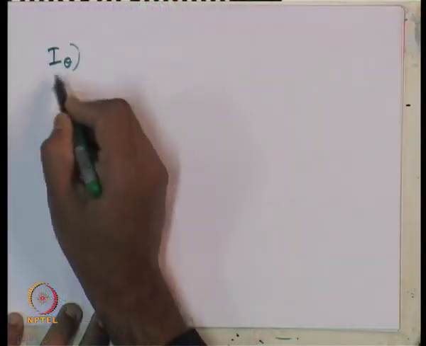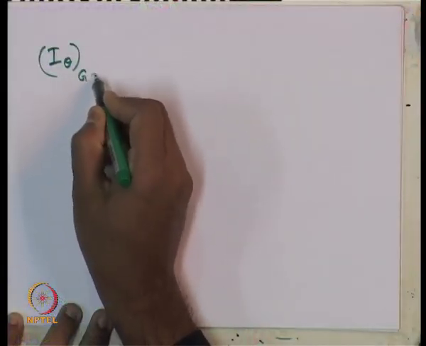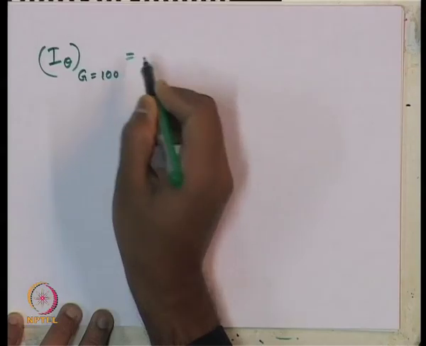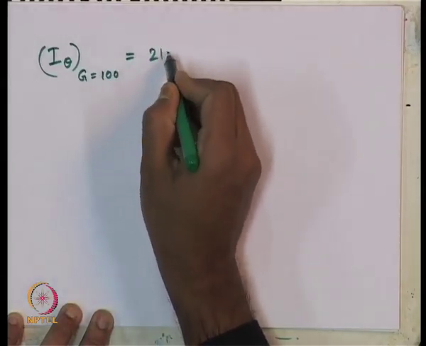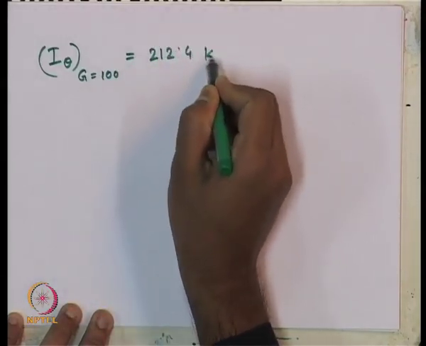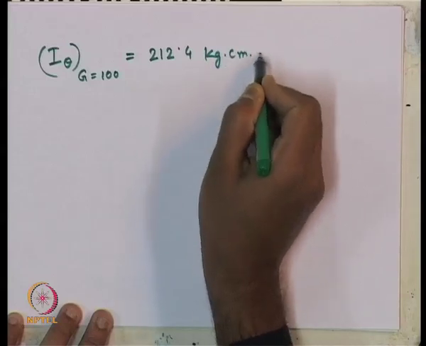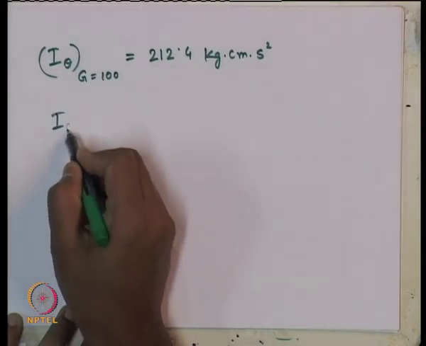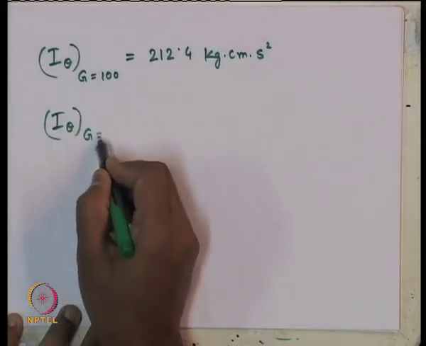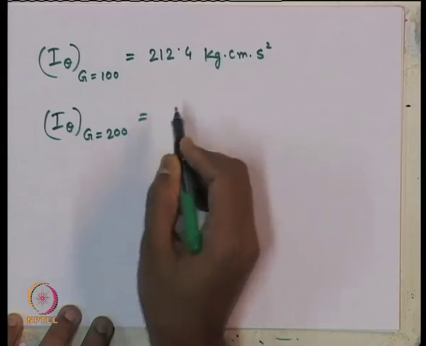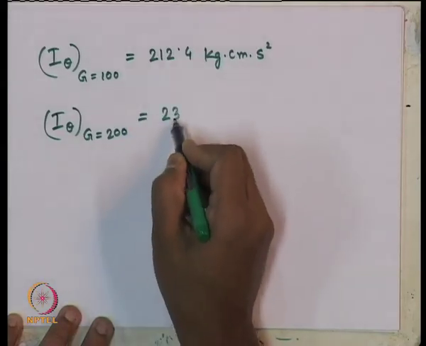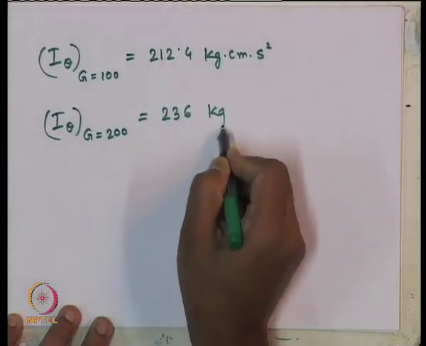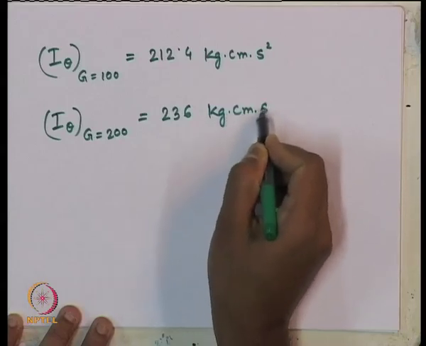Similarly, the other two values of I theta: for g equals to 100 it will be 212.4 kg centimeter second square, and I theta for g equals to 200 will be 236 kg centimeter second square.